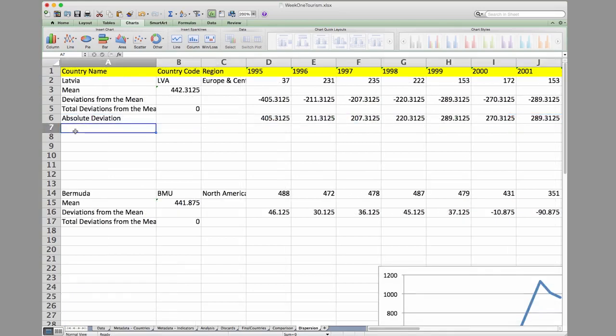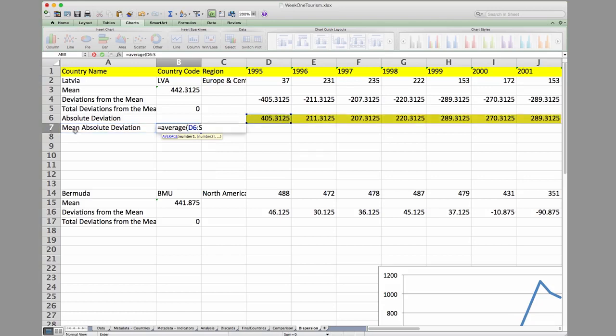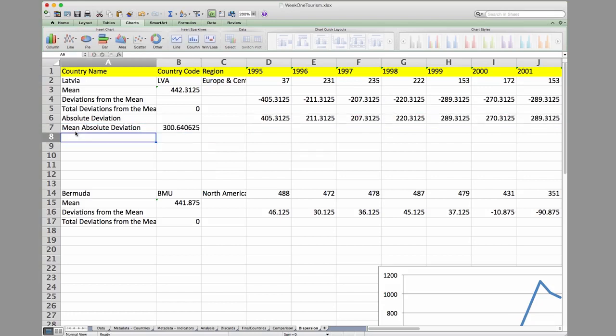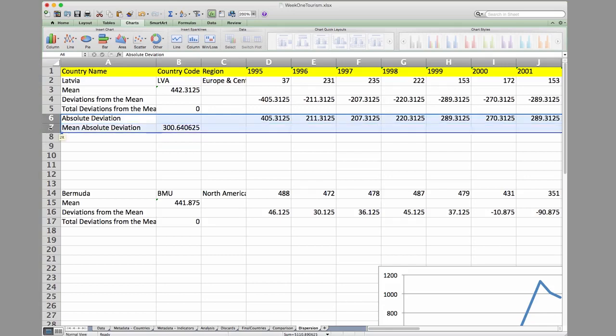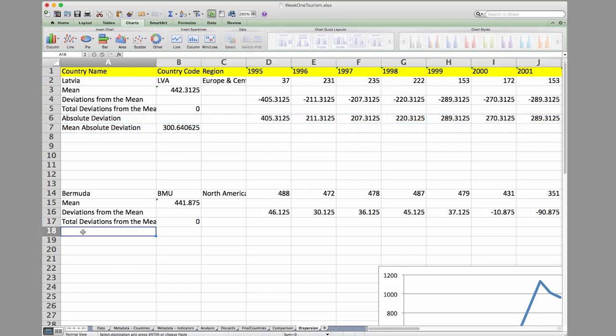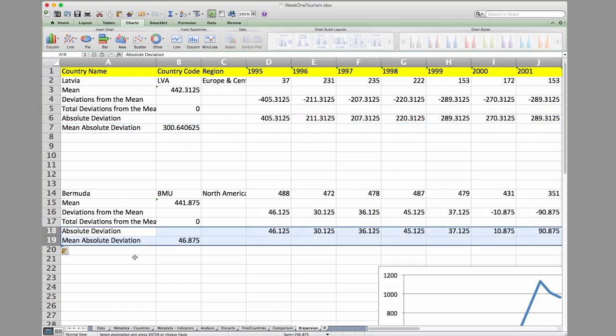Having done this, I'm going to look at the mean absolute deviation, and that is the average of deviations that belong to row number 6. So it is D6 through S6, and I get something like $300.6 million. I could do the same thing with Bermuda over here, and I get close to about $47 million.